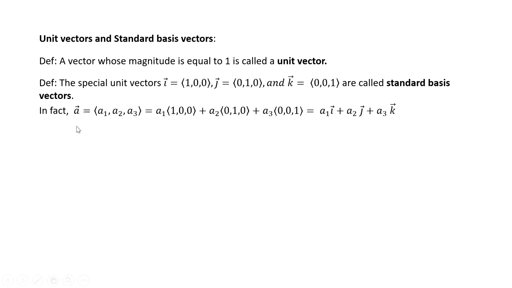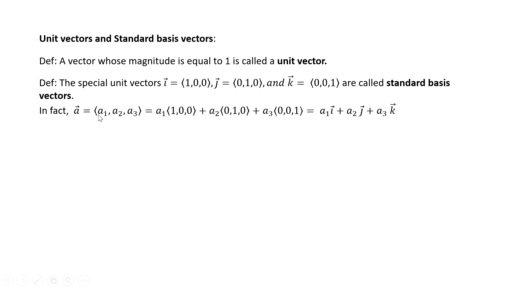And when we have A in component form A1, A2, A3, it's perfectly possible for us to write this as A1 times 1, 0, 0 plus A2 times 0, 1, 0 and so on. So basically this is exactly the same as saying A1 i plus A2 j plus A3 k.